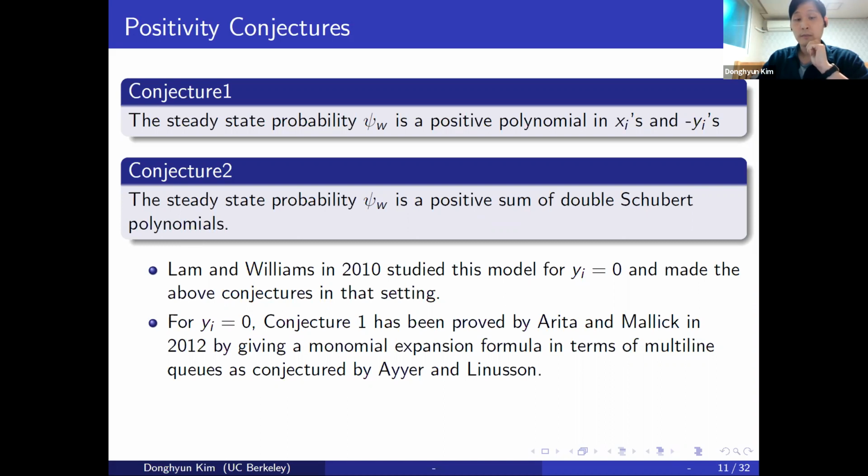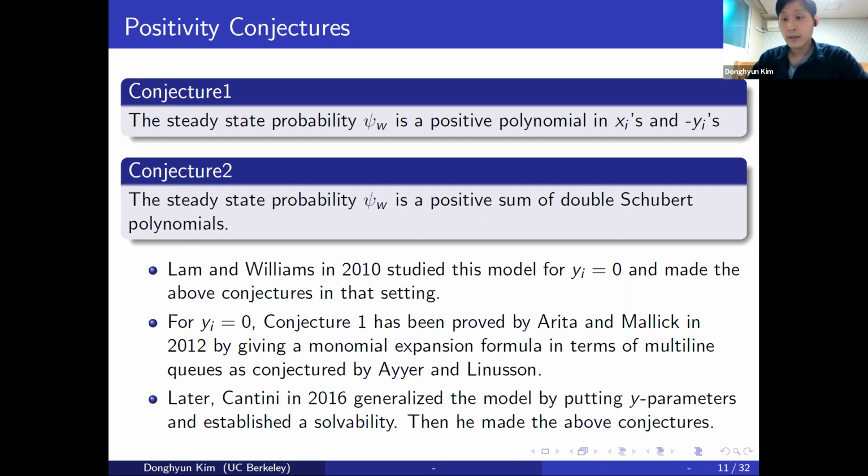They proved a formula that gives a monomial expansion in terms of combinatorial objects called multiline queues. This formula was previously conjectured by Ayyer and Linusson. Later, Cantini in 2016 generalized the inhomogeneous TASEP by putting in y parameters and established the solvability, and then he made the above two conjectures.